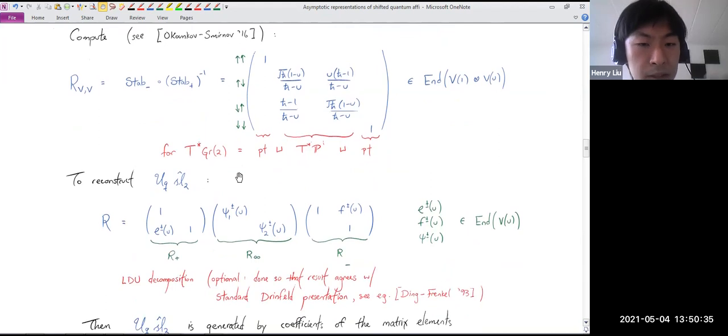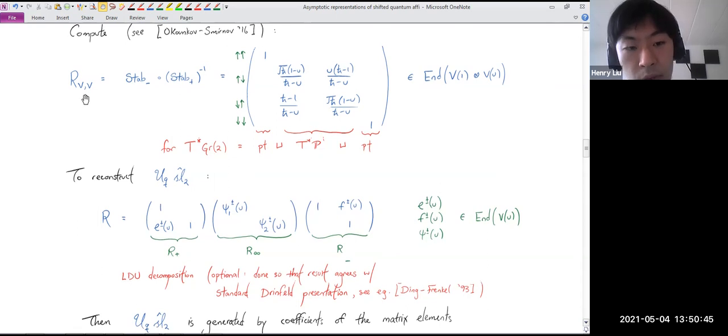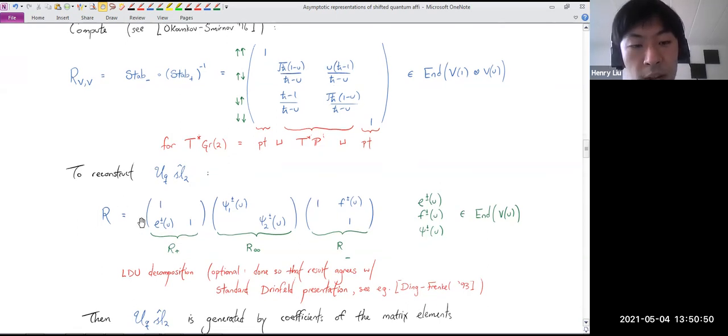I will do something that's slightly more complicated than is minimally necessary, which is that we'll first take this R matrix and do an LU decomposition on it. So we'll write it as the product of something lower triangular, something diagonal, and something upper triangular.